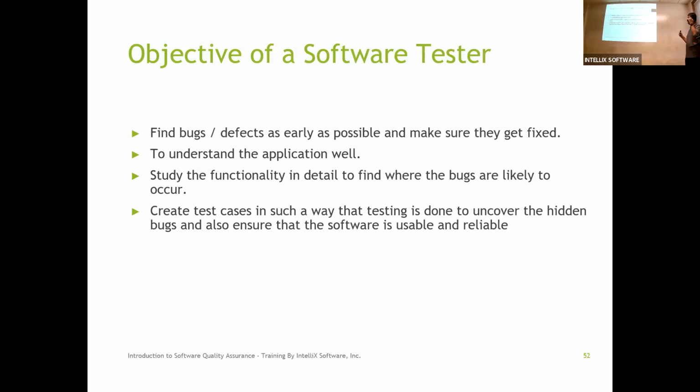Now, as a software tester, I'm calling you a tester and not a quality assurance person, because you're wearing a tester's hat at this point. Your purpose is to find the error as early as possible so that it can be fixed.